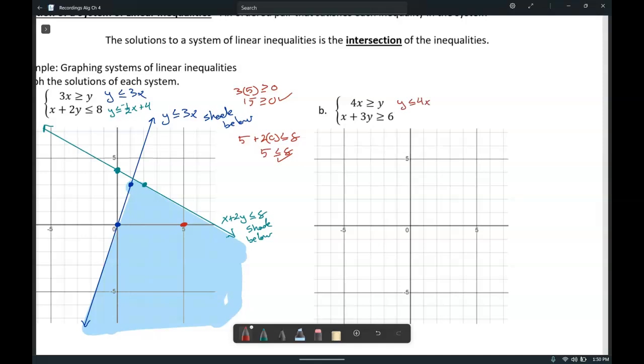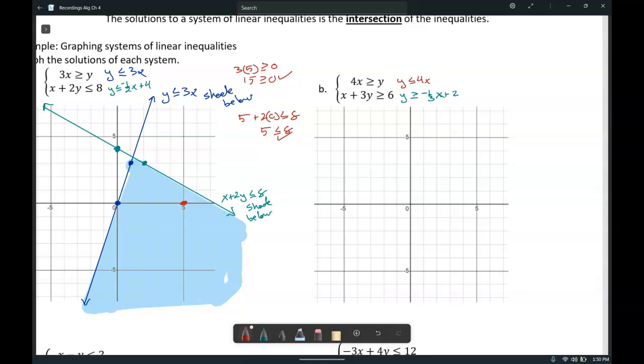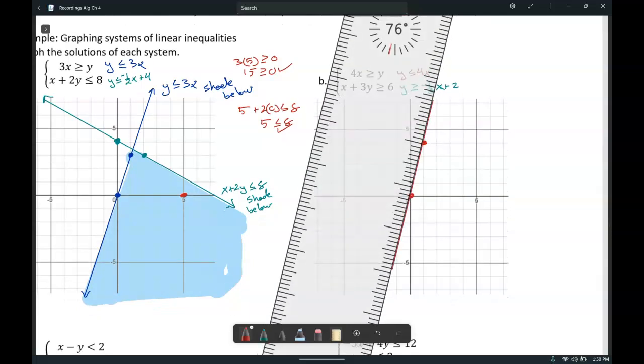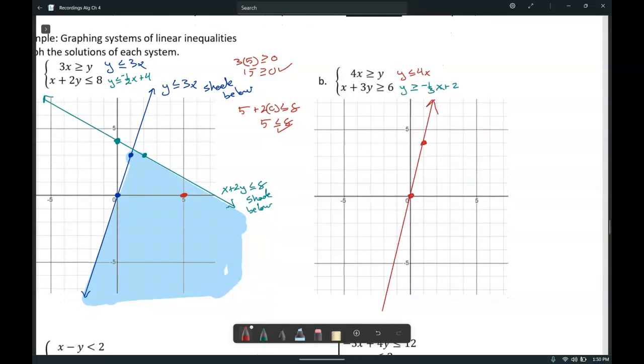Slope-intercept form already. And we can rewrite this one as y is greater than or equal to negative 1/3 x plus 2. We'll graph our first one. This is y is less than or equal to 4x, so we're going to shade below.